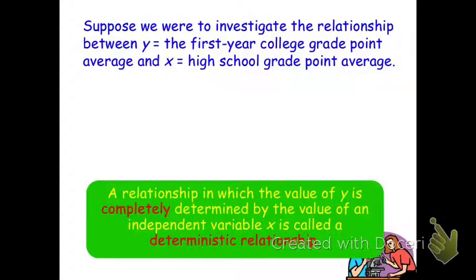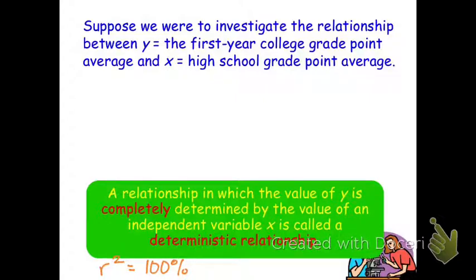The script for r squared is the percent of variation in y that can be explained by the relationship between x and y. If this were 100% or 1, we normally write it as a percentage.